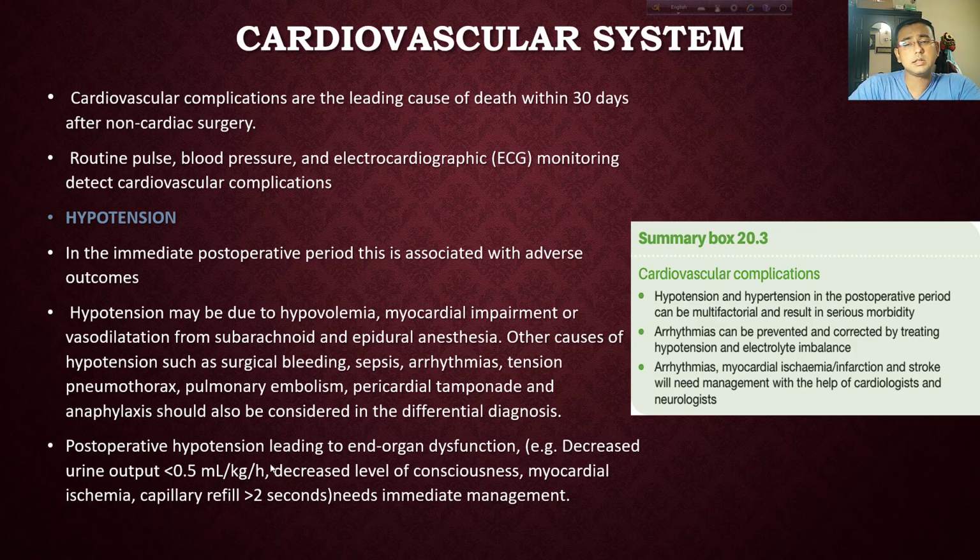If it is less than 0.5 ml, there is a renal complication or renal shutdown, and the patient may fall into renal failure. Also decreased level of consciousness, myocardial ischemia, and capillary refill more than 2 seconds.